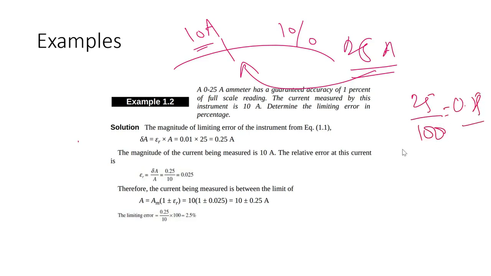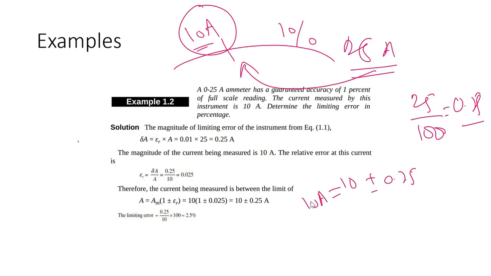Now this 0.25 is subtracted and added to this 10. So 10 plus 0.25 and 10 minus 0.25. This is the limiting error on the reading of 10 ampere.